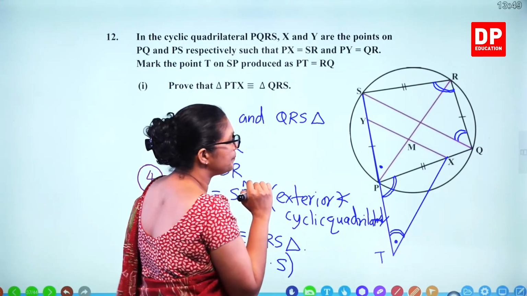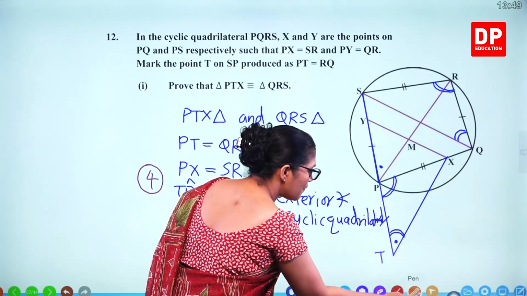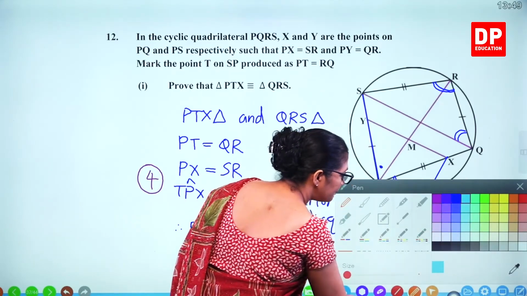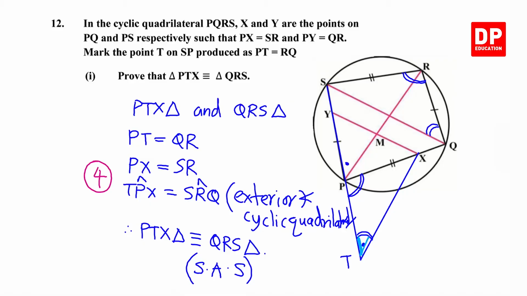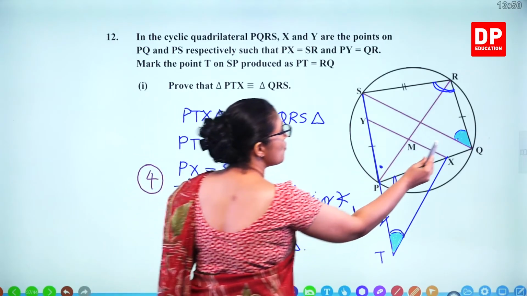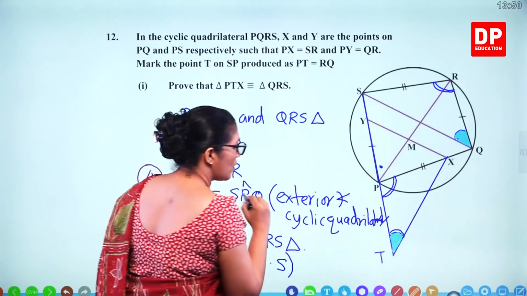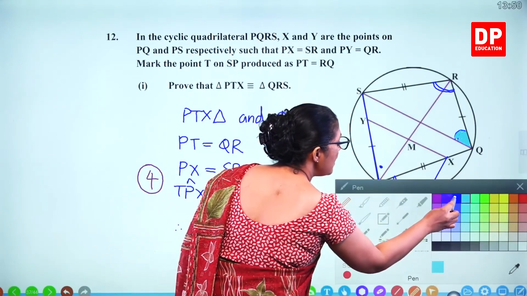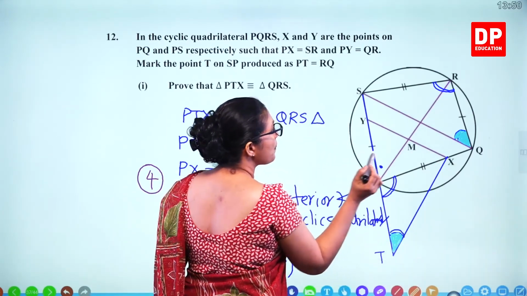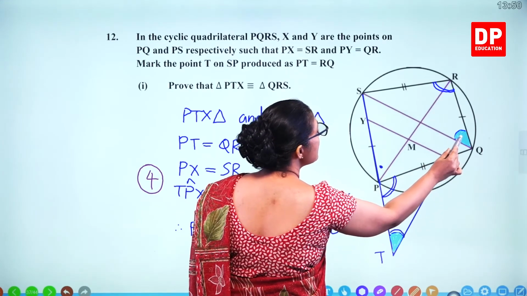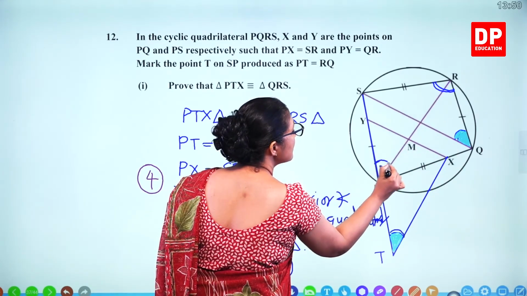Can you see that? I'll mark with a different color. So this angle and this angle are equal. So we found out these two are equal. Then we can say that this angle is same as this angle.